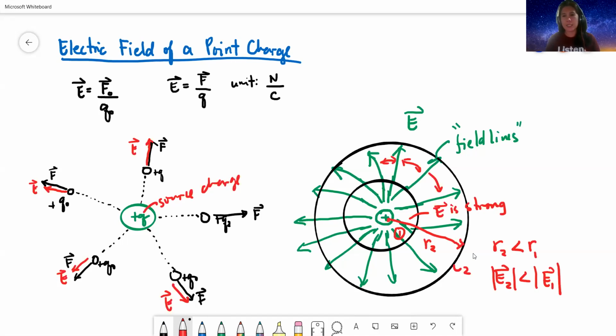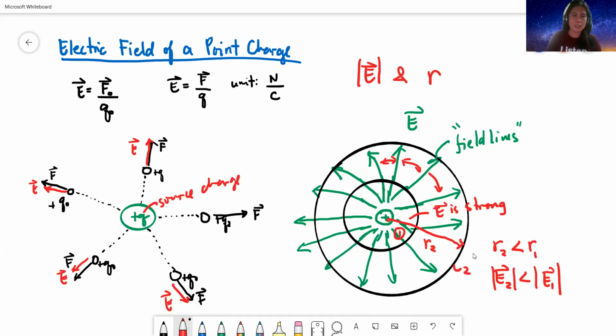So we see here the inverse relationship between electric field and R, and we will now determine the exact relationship between the strength of the electric field and the distance between the point of evaluation and the source charge.